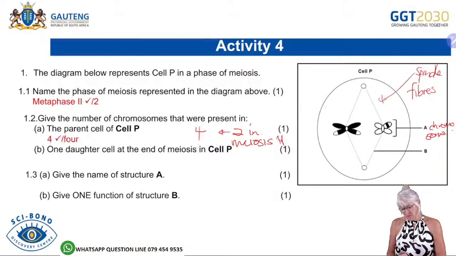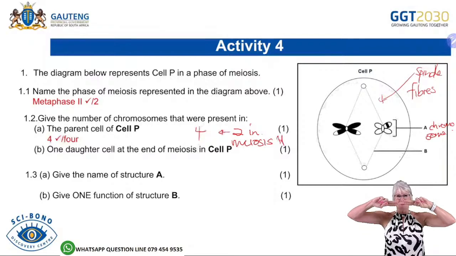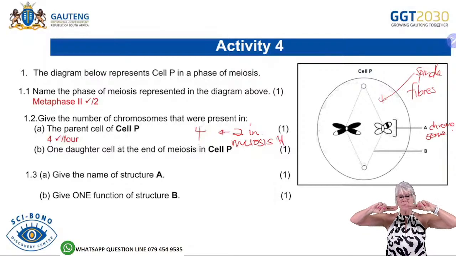Okay, so we're not going to reduce the number of chromosomes any further than what is here. All that's going to happen is, because remember each chromosome, because it has 2 chromatids, has an extra copy of itself. So the chromosome still has 2 chromatids, but remember we're trying to make 4 cells.